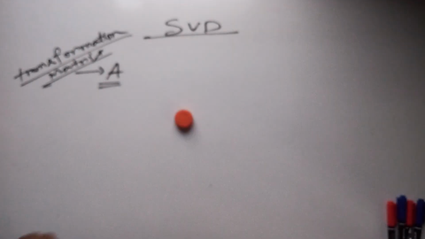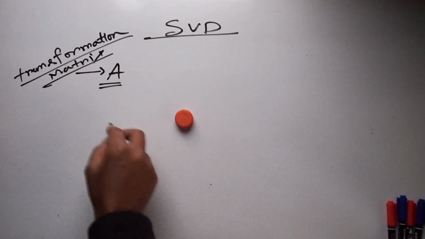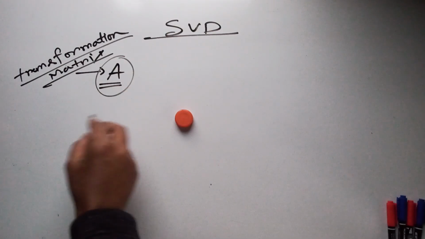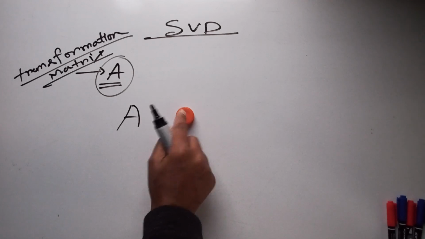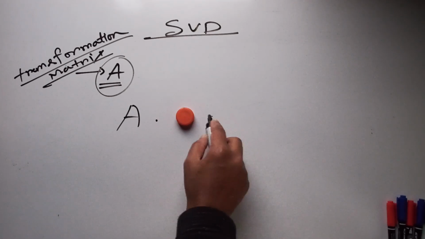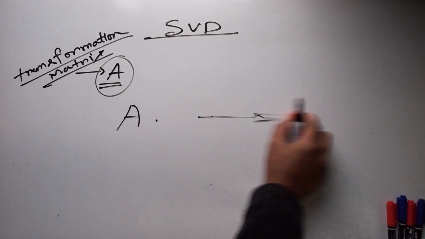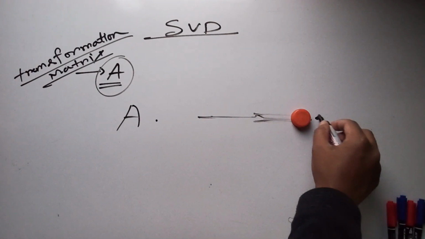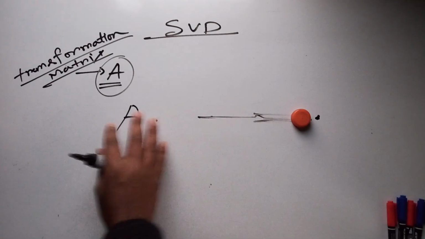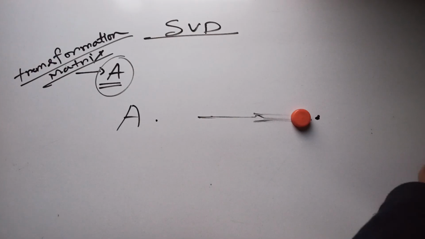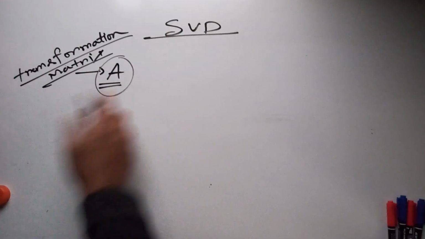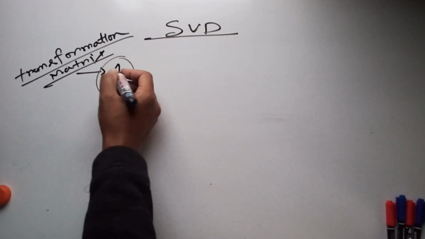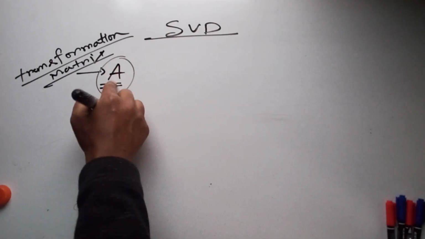From this spot, say this transformation matrix A, if you multiply with this individual thing, it will move this item to this point. Basically, what a transformation matrix does is change things from one location to another. Okay, so we have such a transformation matrix, say A.